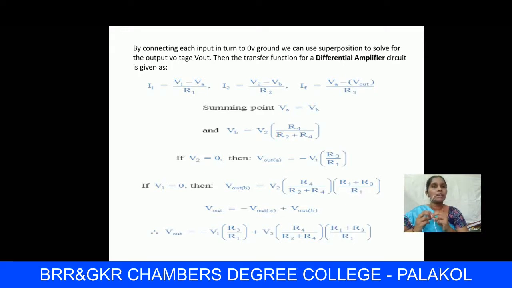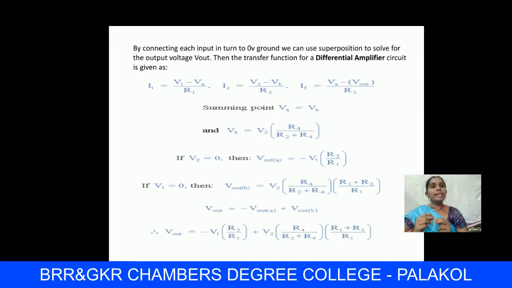Here I1 is equal to V1 minus VA divided by R1. How does it become this? At the input resistor, the input current is I1, and the input resistance is R1, and V1 is the applied input voltage.